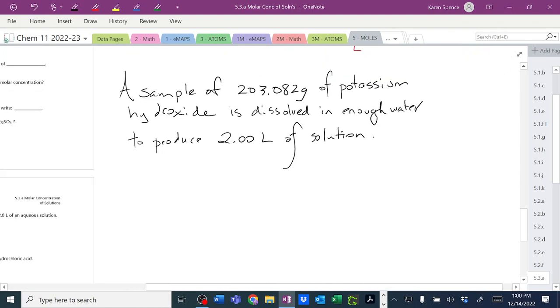Find... tell your partner, what does that mean, the thing I've highlighted?